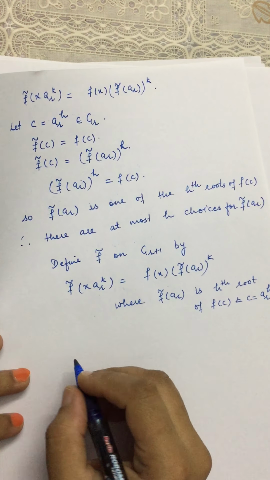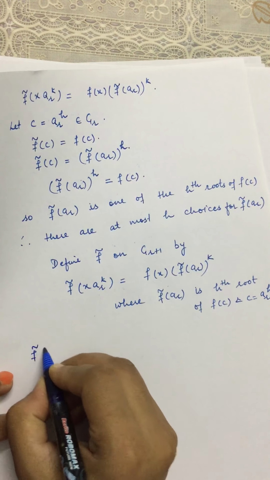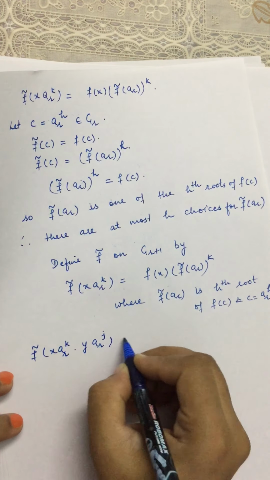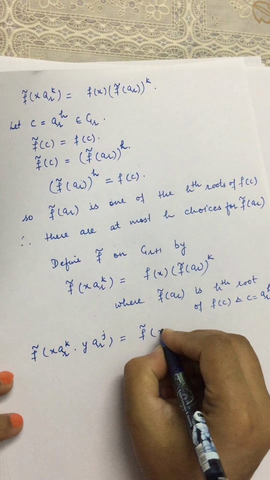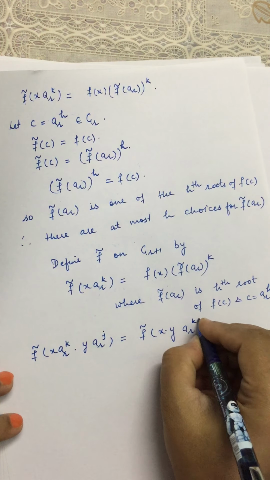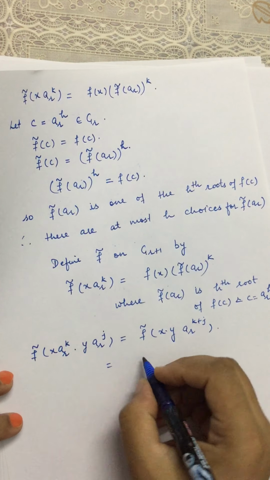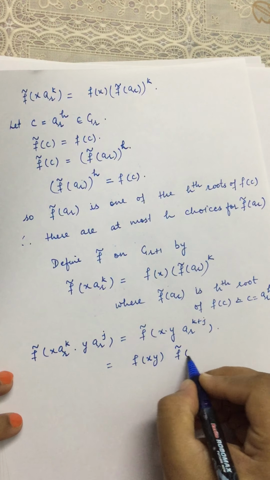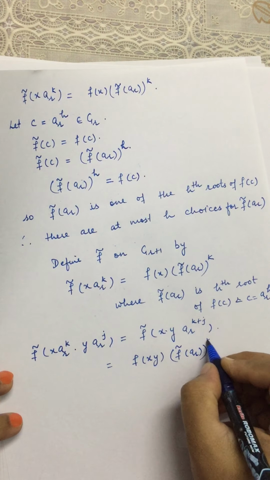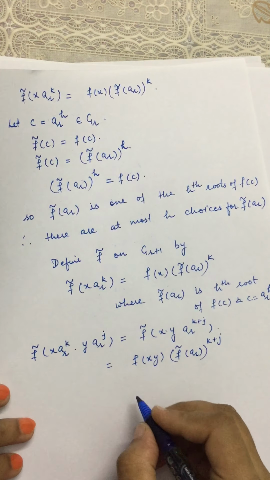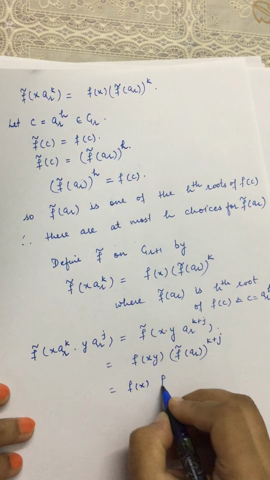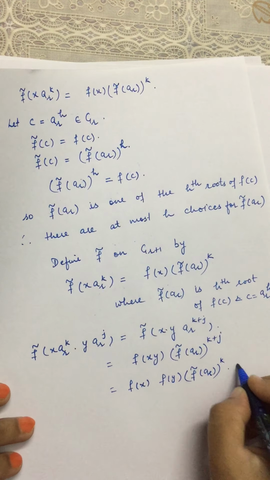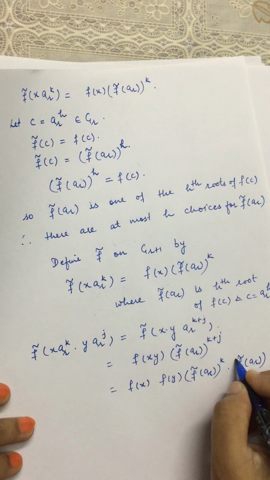Which means f curl of x into AR raised to k, y into AR raised to j, is f curl of xy AR raised to k plus j. This is, by definition, f of xy times f curl AR raised to k plus j, and this is f(x) f(y) times f curl AR raised to k times f curl AR raised to j.